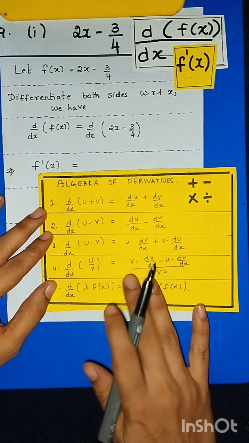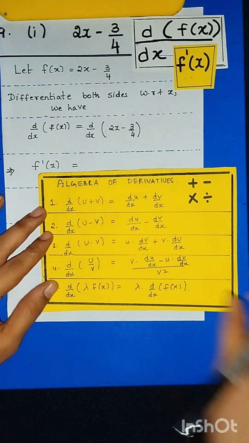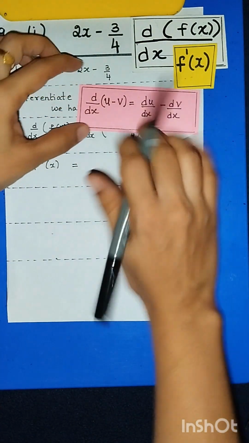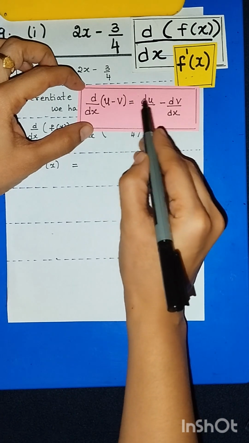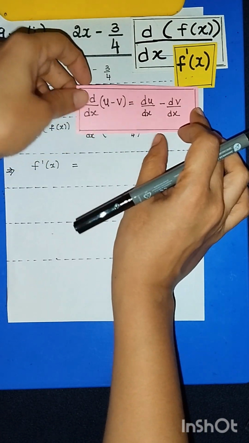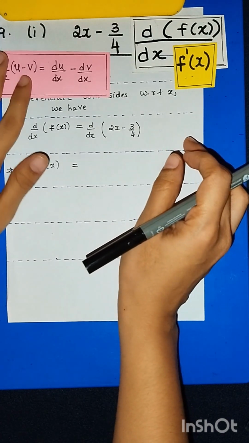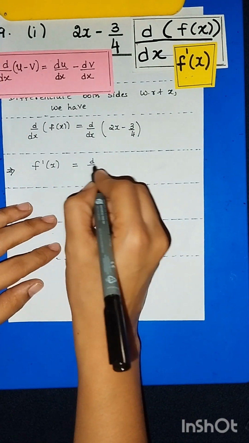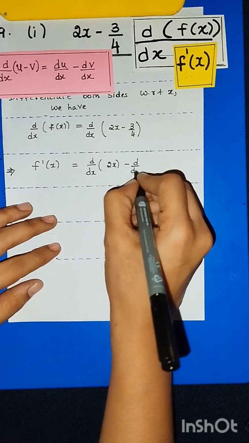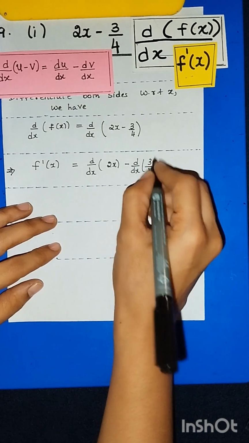So from this algebra of derivatives, which I have written here, d by dx of u minus v is du by dx minus dv by dx. So we will apply this, that is d by dx of 2x minus d by dx of 3/4.